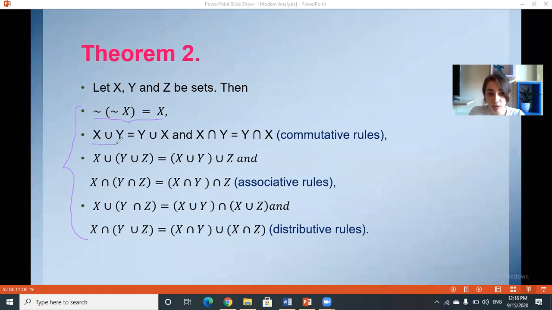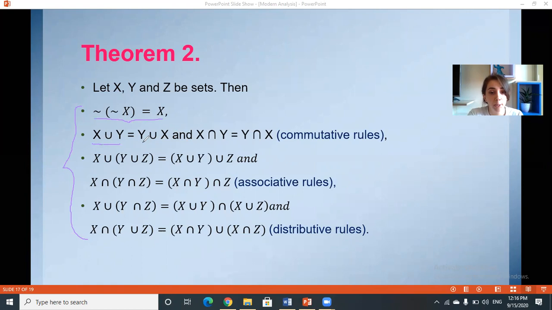The union of x and y is equal to the union of y and x. It means that it's also true for the intersection. It means that commutative rules are satisfied in union and intersection. The order doesn't matter.